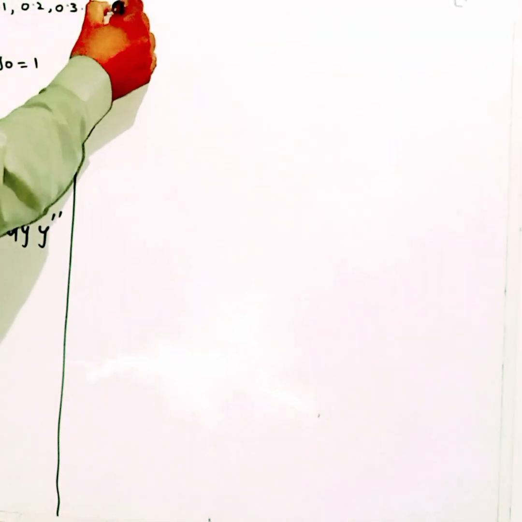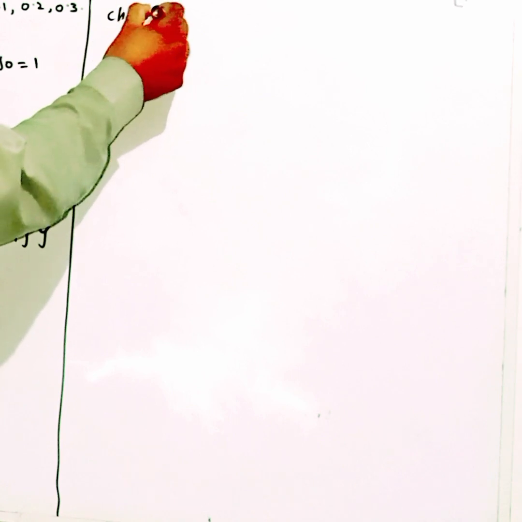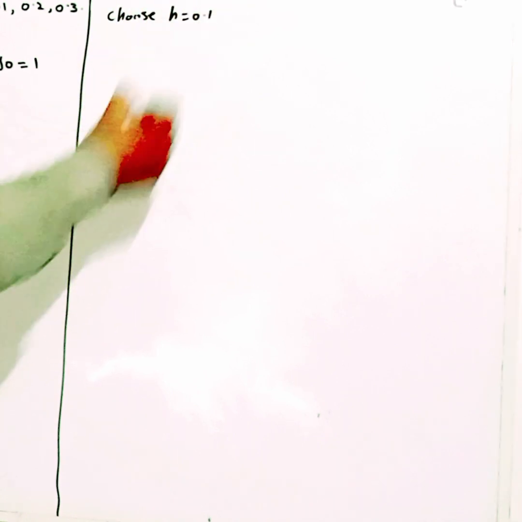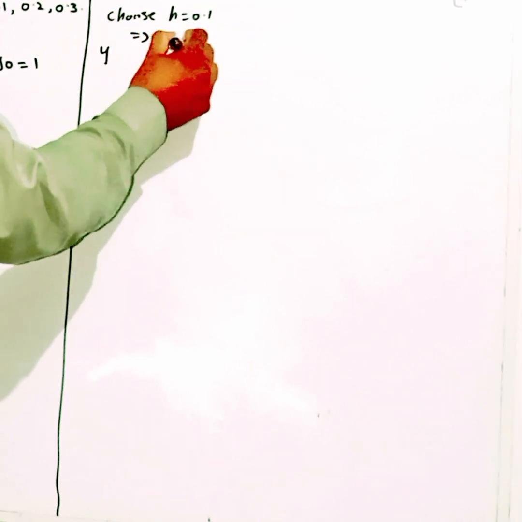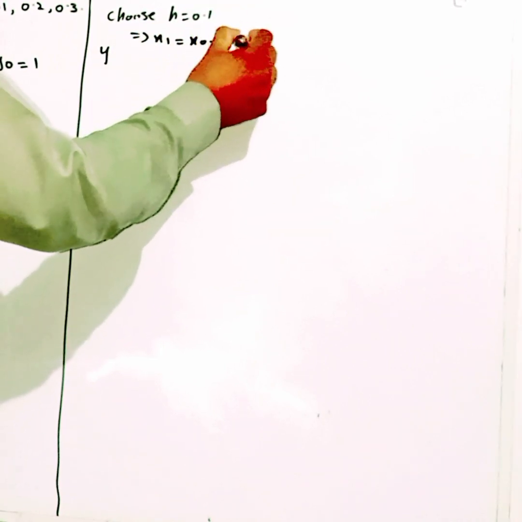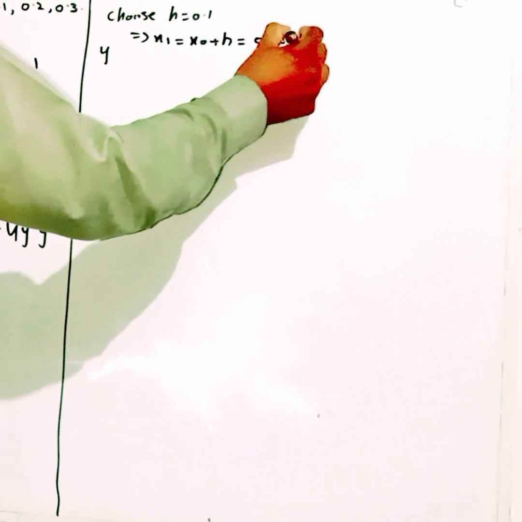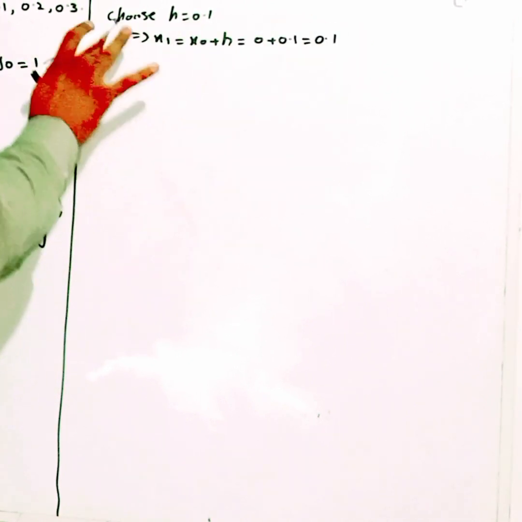Take step size, choose h is equal to 0.1. Therefore, x1 is equal to x naught plus h is equal to 0 plus 0.1 is equal to 0.1.